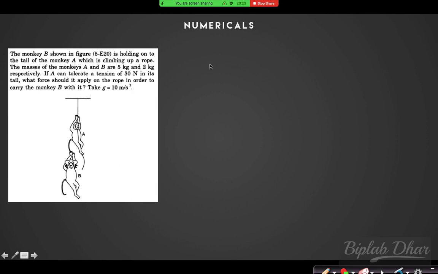So let us assume that I will draw the free body diagram of the monkey separately. First I will draw the free body diagram of monkey A, and the monkey is holding the string. Here there is only one string, so I can say F is equal to T very easily.